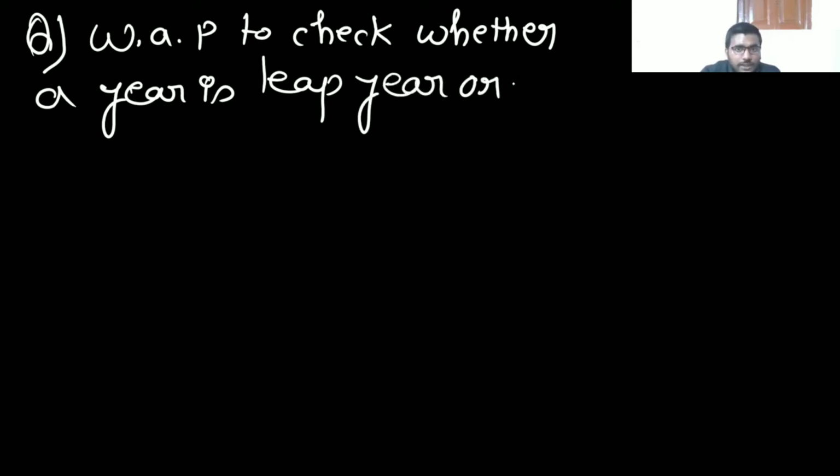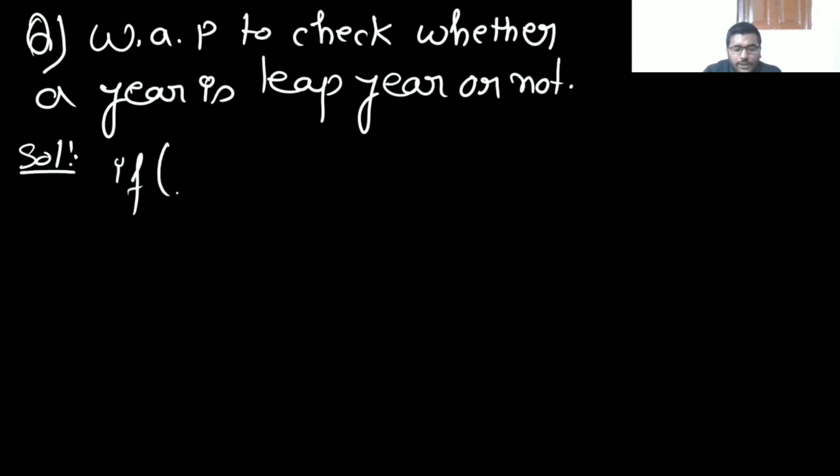How can you check it? A year is a leap year if it is divisible by 4 but not divisible by 100, or if it is divisible by 400. So it has two conditions.